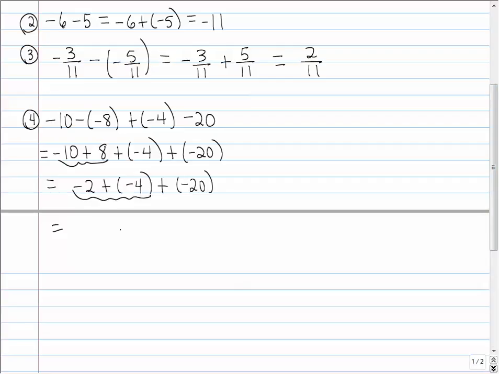Since they have the same signs, we add and keep the common sign. So that's negative 6. And now you can add your negative 6 and your negative 20 together. The signs are the same, so you add, which gives you 26. And the answer is negative because you keep the common sign.